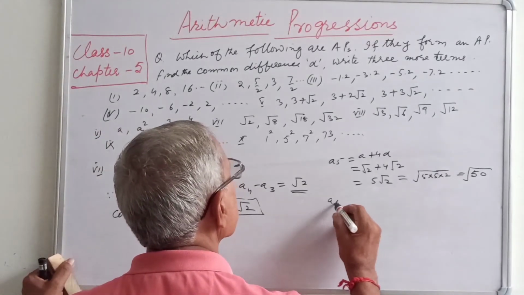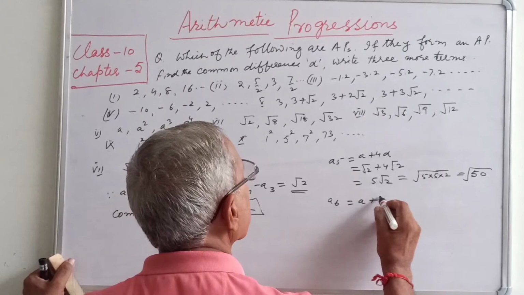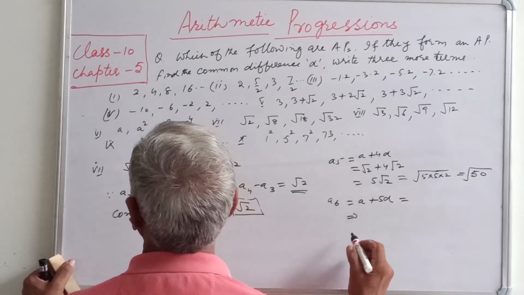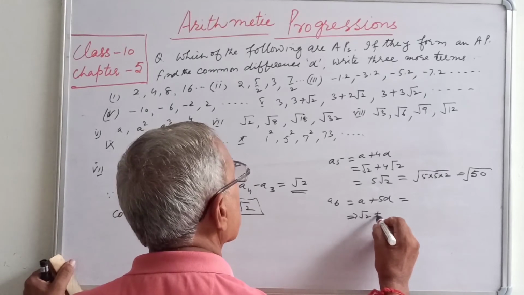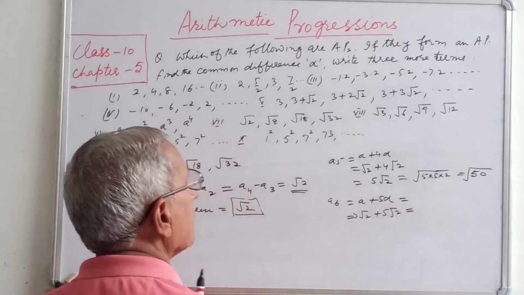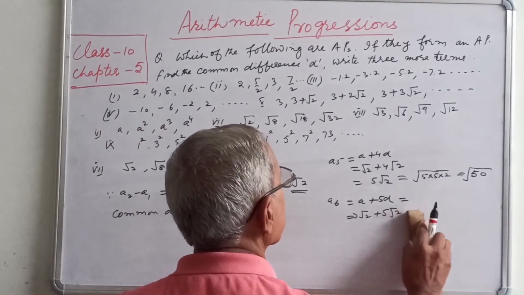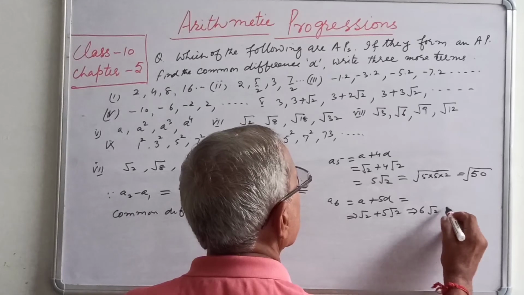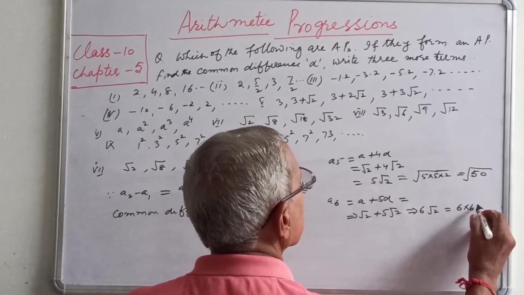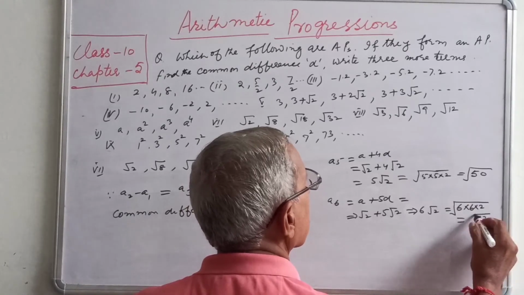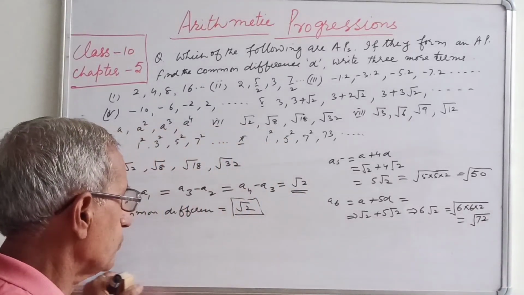So A6 is A plus 5D. A is under root 2, plus 5 under root 2, so this becomes 6 under root 2, so 6 into 6 into 2, 72, under root 72.